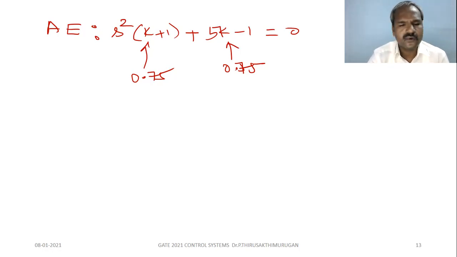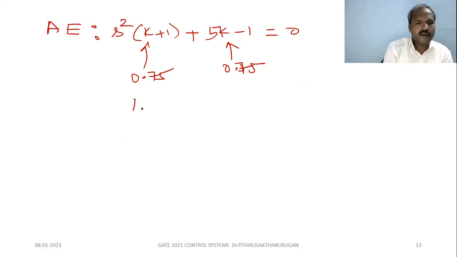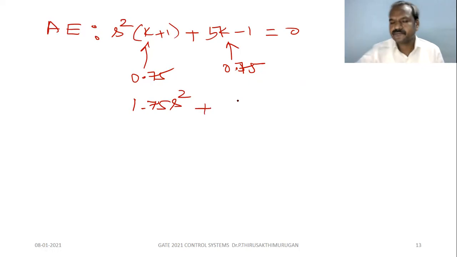The row of 0 auxiliary equation is 1.5k minus 0. K value is 0.75. 1 plus 0.75 is 1.75, so 1.75 s square plus 5 into 0.75.